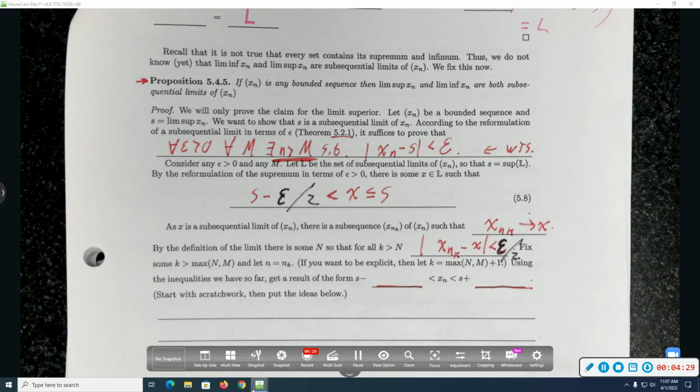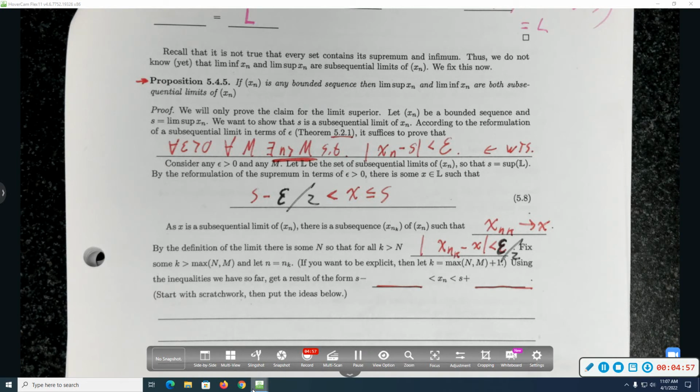Are people happy now? Even though I just said I want epsilon over 2, I wrote epsilon. But you can still put an epsilon over 2 there. That could be any positive number.